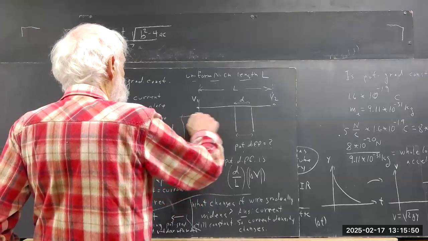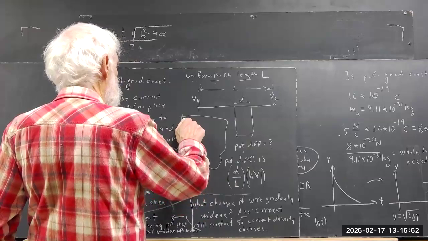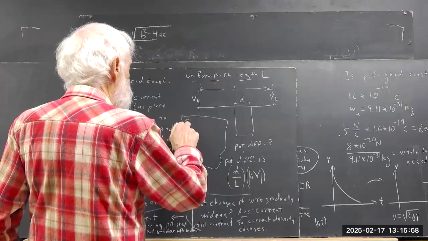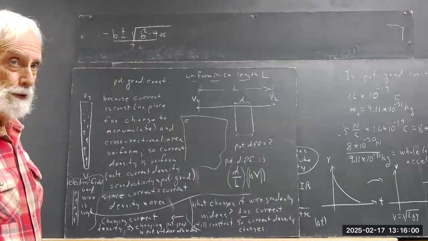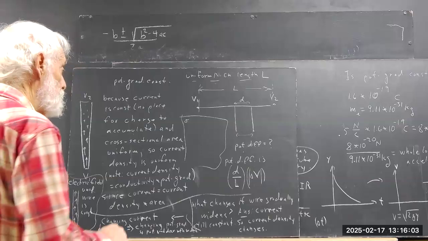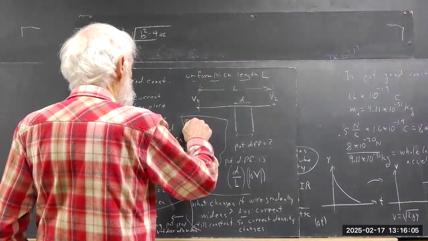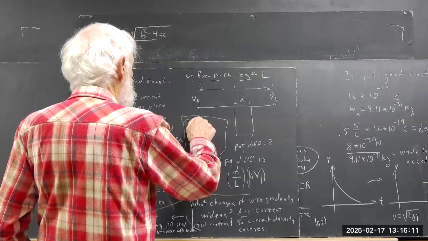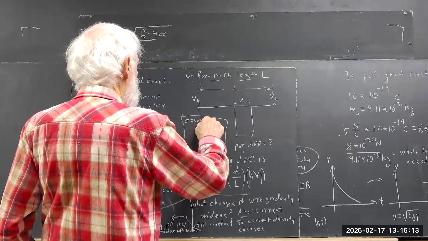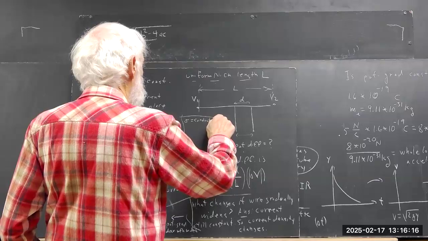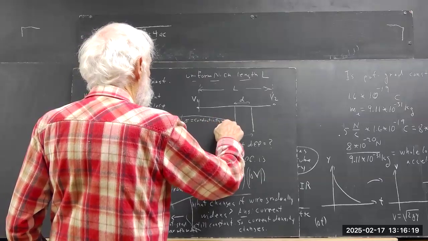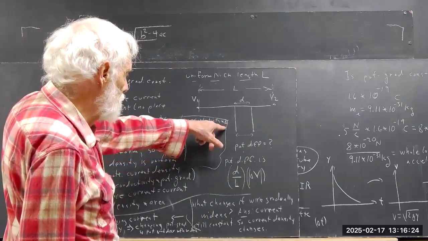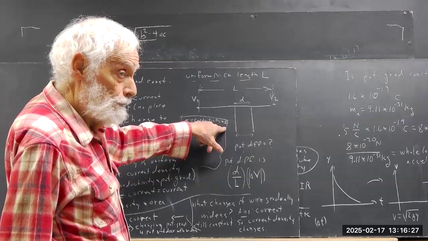Okay. I'll just take a little note here. Sigma is often used for current density. It's a Greek lowercase sigma. I'll say conductivity times E times the electric field, which is a potential gradient.